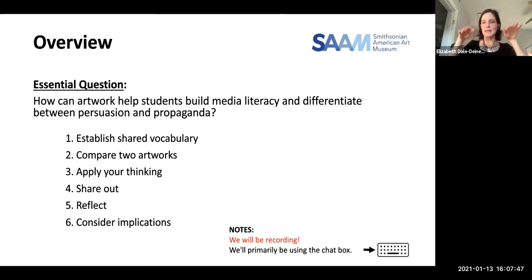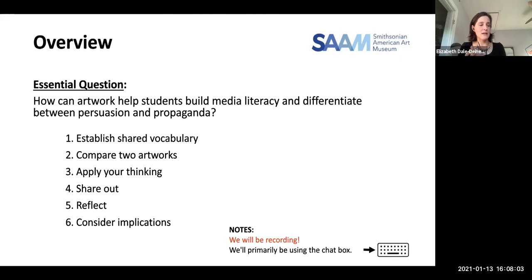So instead of just giving them a definition and saying this is what it is, my intention is that we're going to explore the definitions together briefly, and then start applying them to see how they work and whether they need any revision.